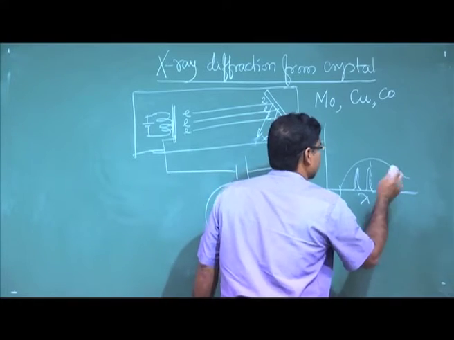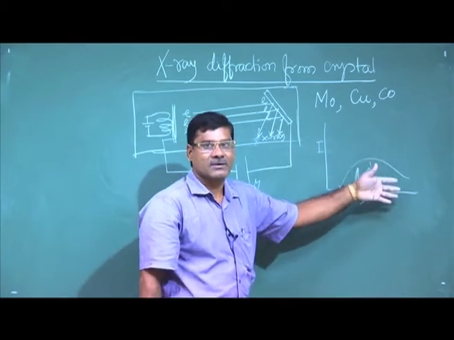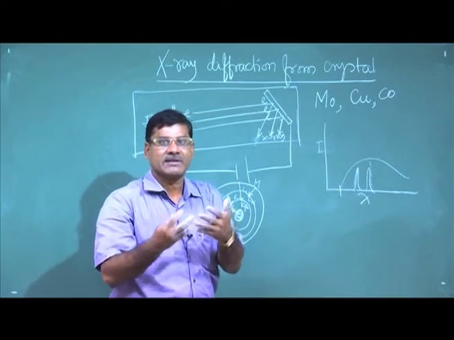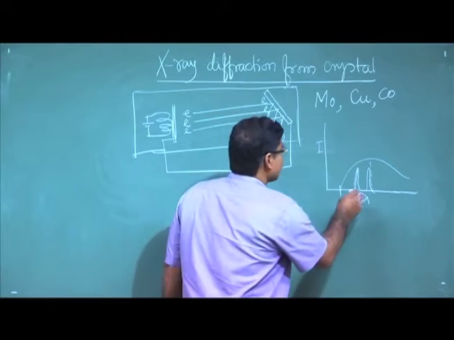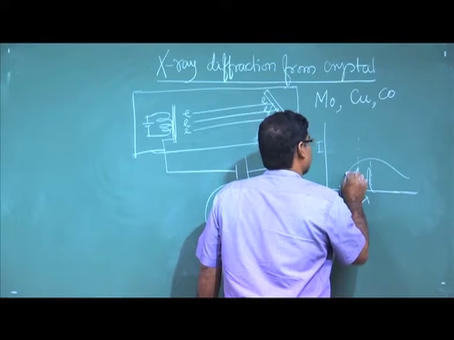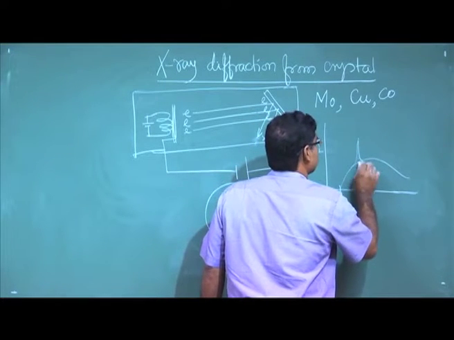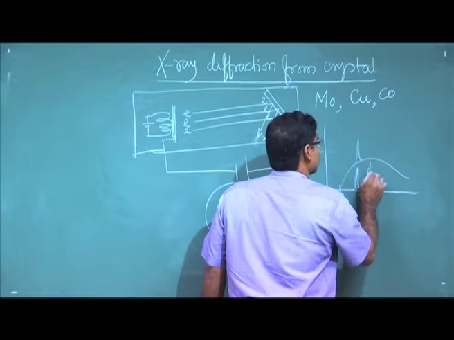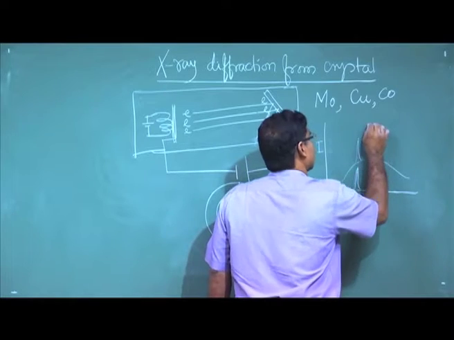Okay. Overall, whatever intensity we see is the summation of these two intensities, and basically you will see it at this position, at this wavelength.